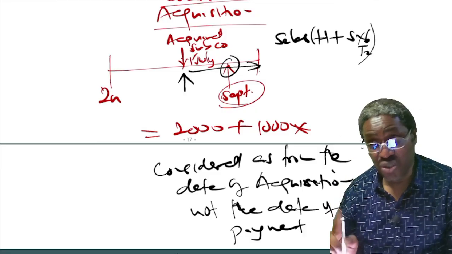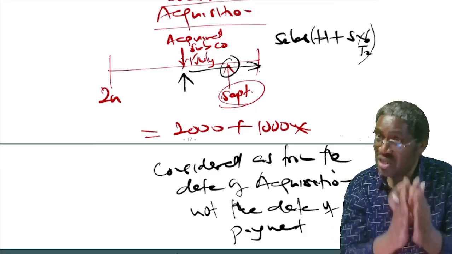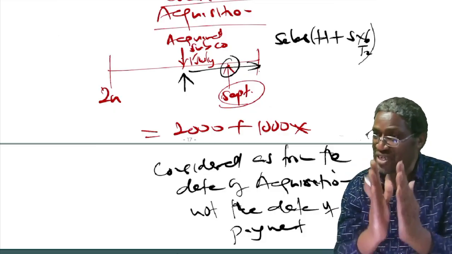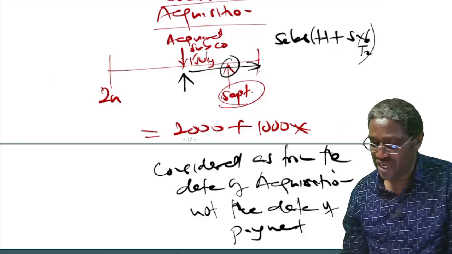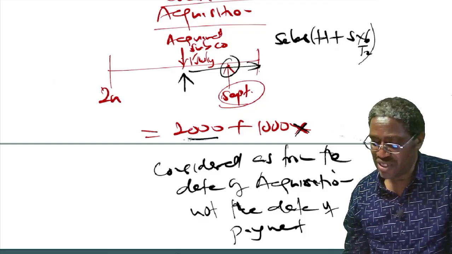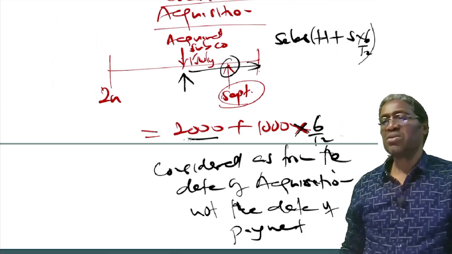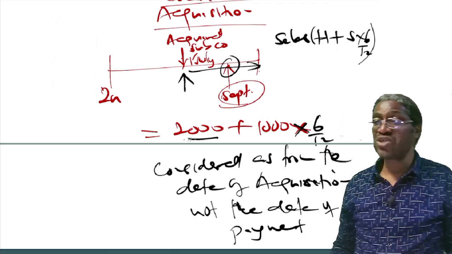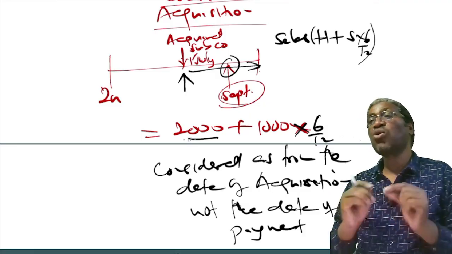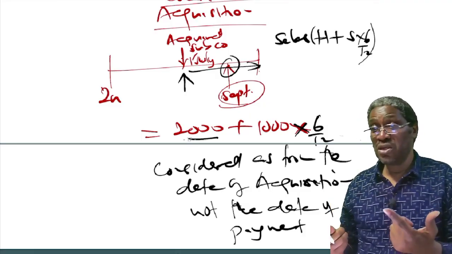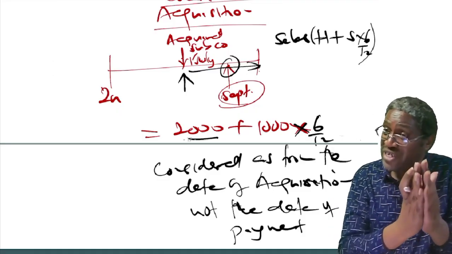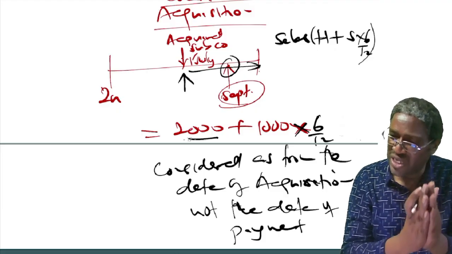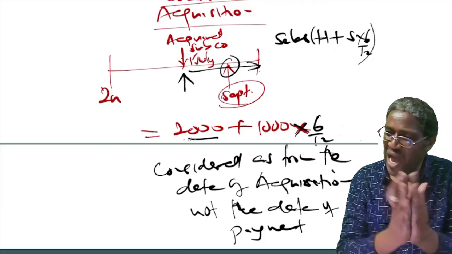The reason is because the subsidiary's results will be consolidated from the date of acquisition. So you will take 2 million plus 1 million times 6 over 12. Though you paid your consideration in September, we don't consider them from the date of payment. The results of the subsidiary will be consolidated from the date of acquisition, and therefore you also consider the shares from the date of acquisition.